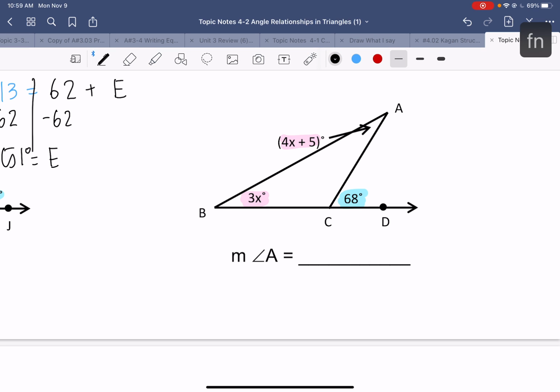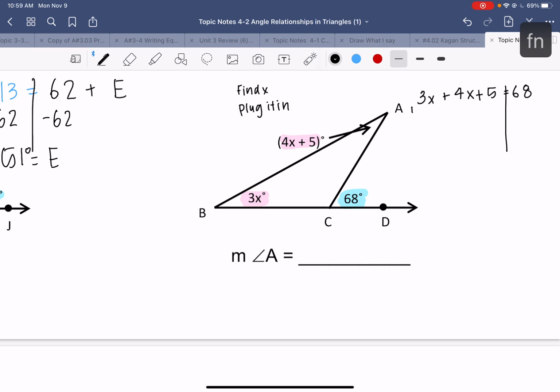So how I would set this up to find x, because you have to find x first, and then you can plug it in to find angle A. Okay, so how you would find x is setting it up with remote interior 1 plus remote interior 2 equals our exterior angle. So one of our remote interior angles is our 3x. Our next one is our 4x plus 5. And we're going to set it equal to our exterior angle.